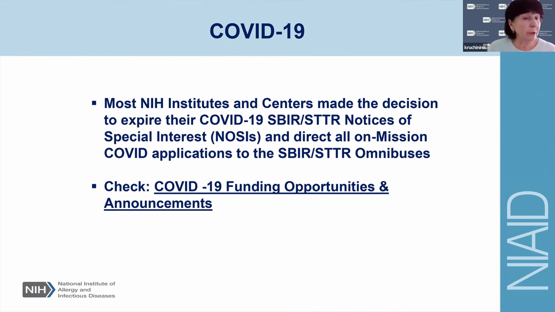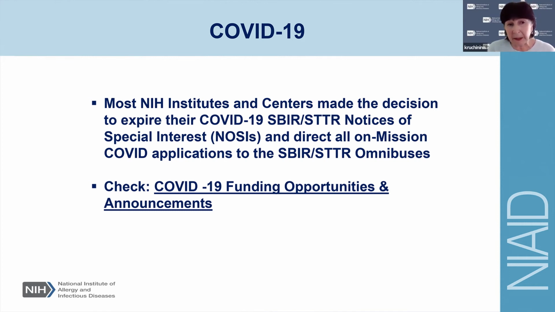I would like to mention, because I'm getting a lot of questions on my institute and COVID, that most of the NIH institutes at this point made the decision to expire their COVID SBIR STTR notices of special interest and direct all on-mission COVID applications towards the omnibus SBIR STTR.